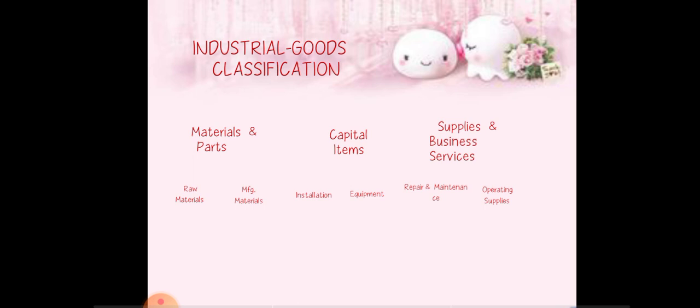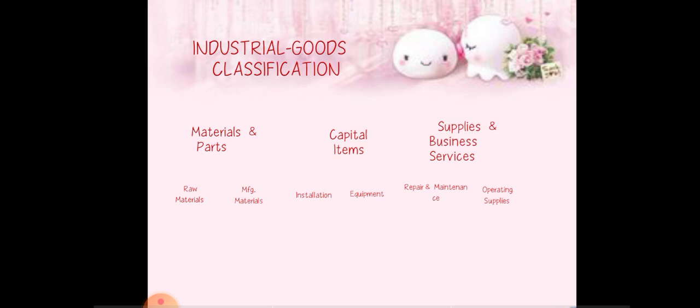We are now in the organizational perspective. Industrial goods are classified on the basis of their relative costs and where they enter the production process.